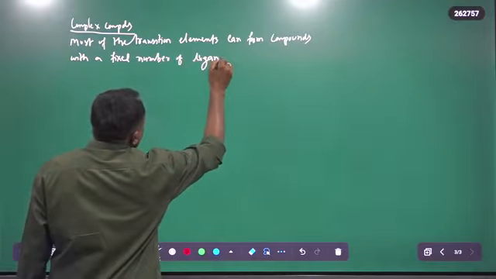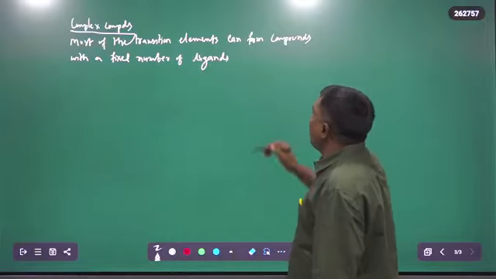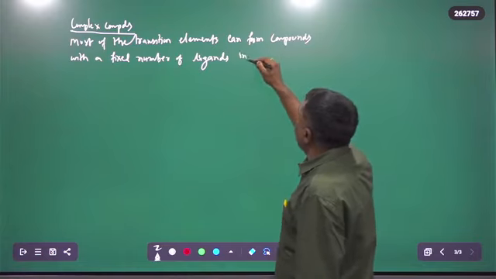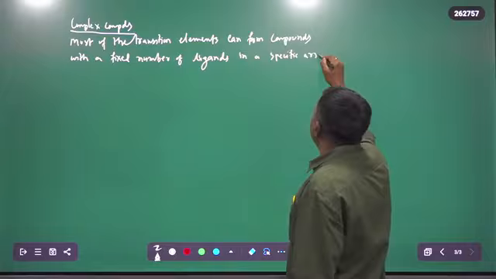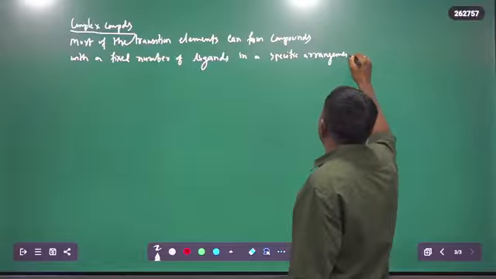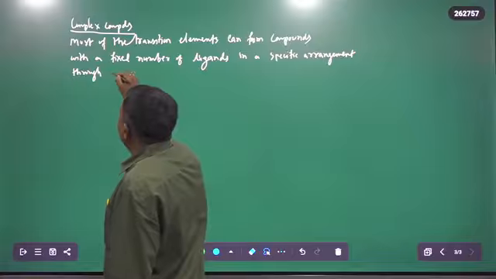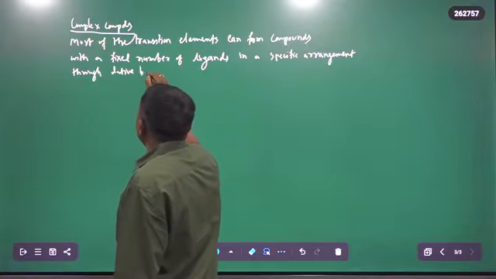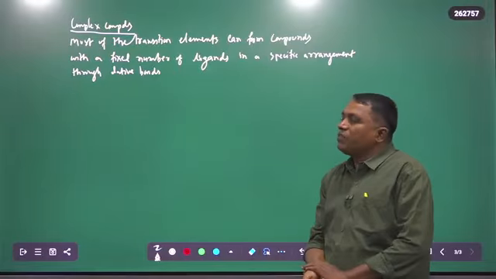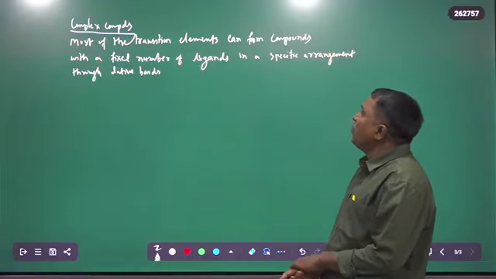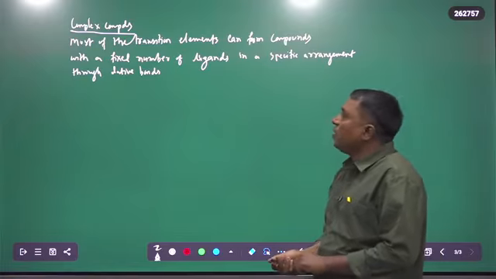Most of the transition elements can form compounds with a fixed number of ligands in a specific arrangement via dative bonds.